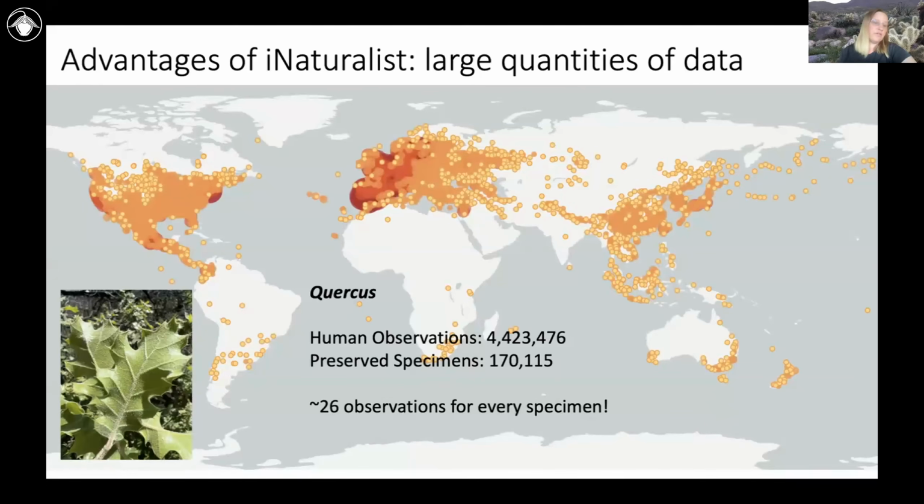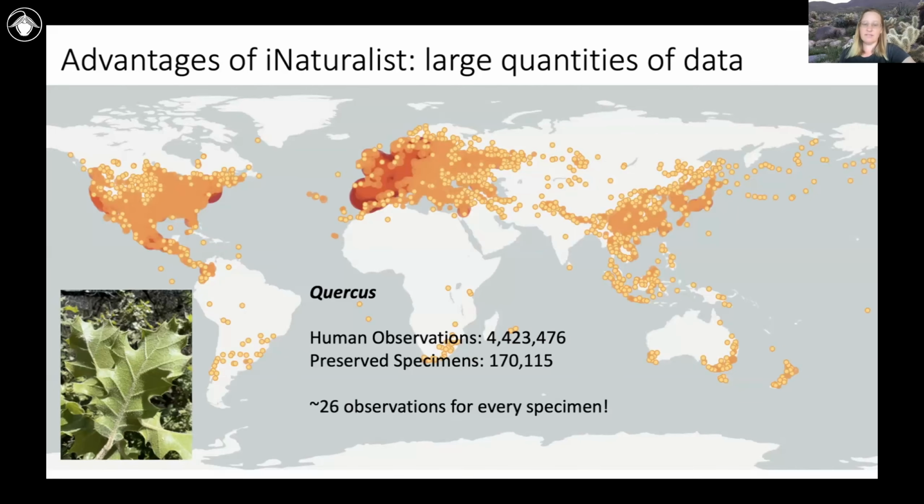So another advantage, I'm just going to talk about some of the advantages, is the amount of data that is just increasing exponentially. So in the example of oak, for every herbarium specimen of an oak, there are 26 observations on iNaturalist. So you can start to get a finer scale understanding of plant distribution.